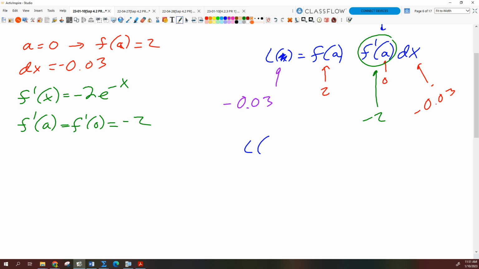Well, it's equal to minus 2 times negative 0.03. Well, that's just positive 0.06, isn't it? Negative 2 times negative 0.03. So we get an estimate of 2.06.